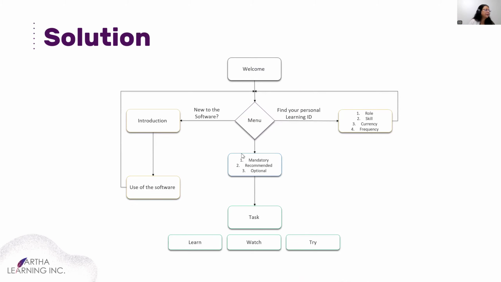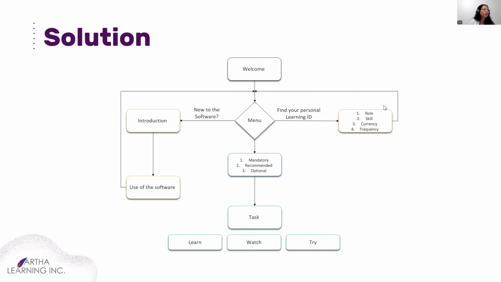And get to their personal homepage. And in their personal homepage, we said, okay, these are your mandatory tasks based on what you have told us here. These are your recommended tasks, these are your optional tasks, and each task then had the learn, watch, and try simulation. Now, what was interesting here is although I get my own personal homepage, I have access to everything else.